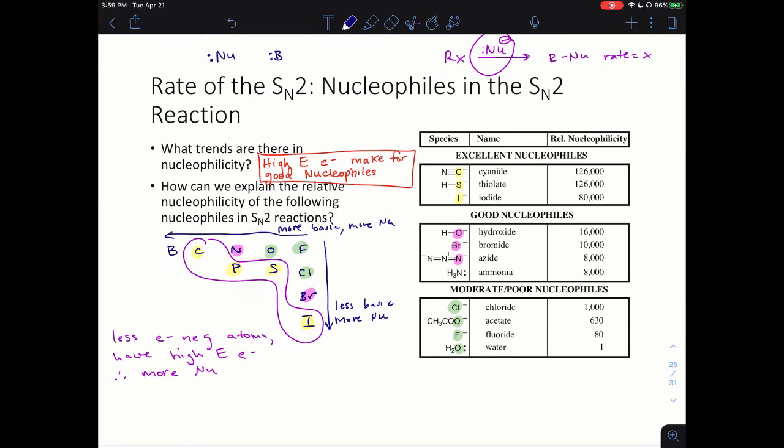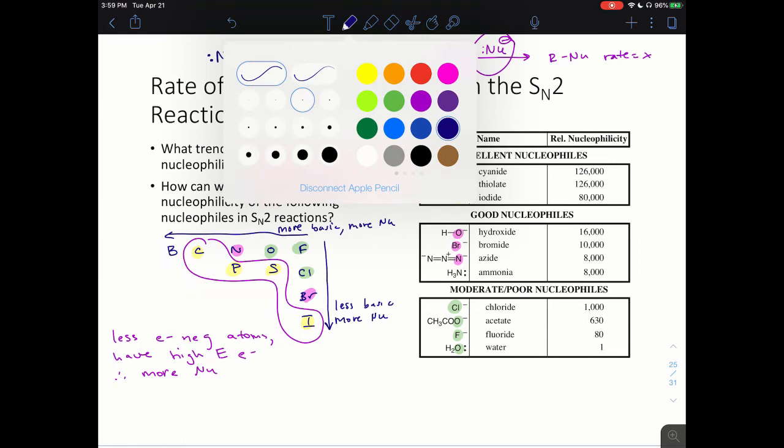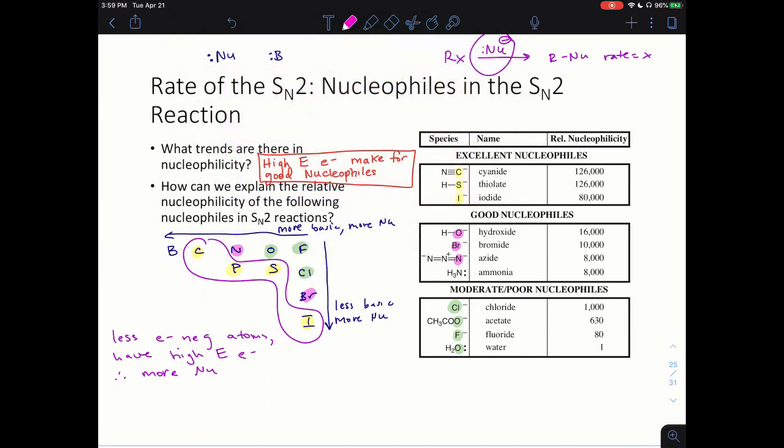All right, let's see what else we have here. So I want to take a look at some oxygen-based nucleophiles. Let's take a look now at hydroxide versus acetate and try to understand what exactly is going on there. These are both oxygen-based nucleophiles, but hydroxide is much more nucleophilic than acetate.